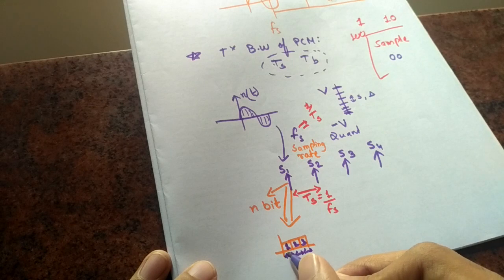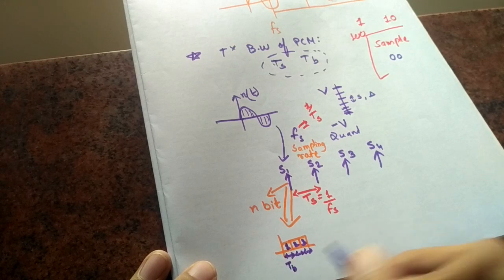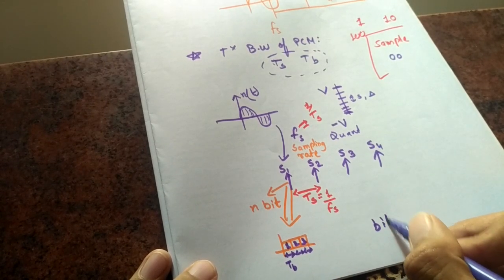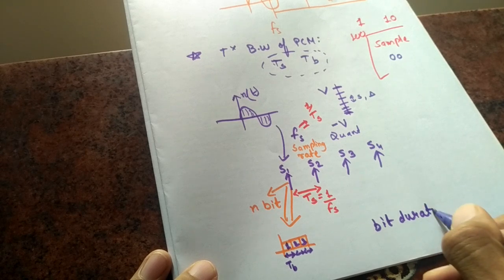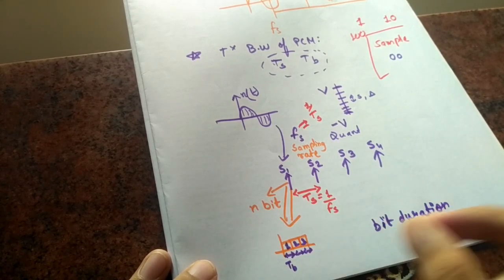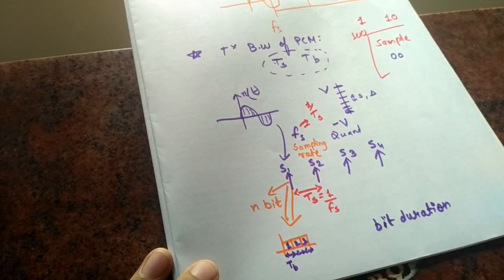So this time interval is denoted by Tb. This is called Tb, the bit duration, we can say. That is, the transmission of this bit requires Tb seconds.